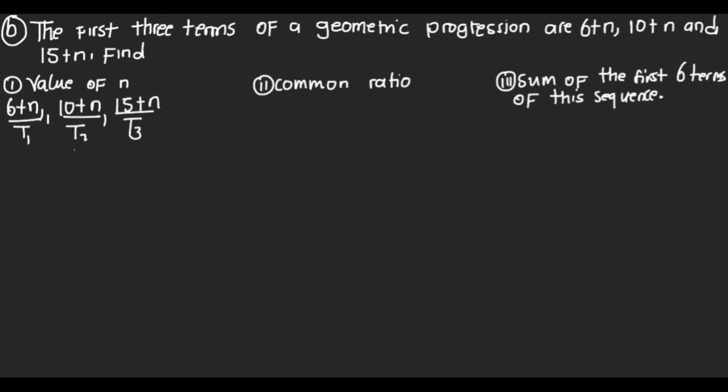So for us to find the value of n, we know that the common ratio can be calculated as second term over first term, also is equal to third term over second term. So we are going to use this formula here.